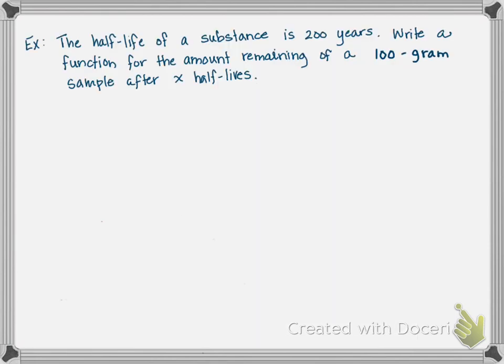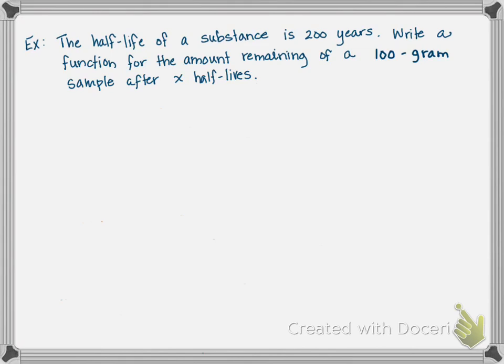Okay, let's talk half-life. So you guys have heard of carbon dating, yeah? So the way they do carbon dating is they look at the half-life of a substance, which is basically the rate at which it decays, figure out how much is left of something, and then they can figure out how long it's been sitting there. So the half-life of a substance is how long it takes for it to decay by half, so lose half of its mass.